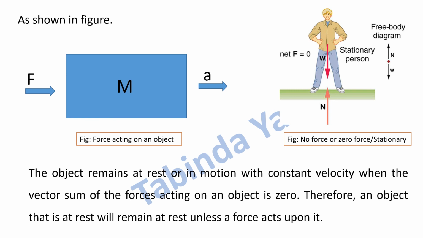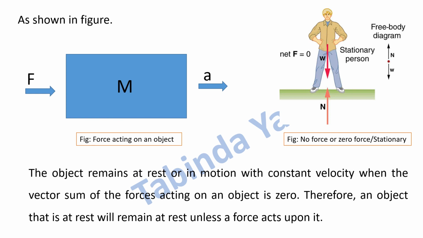A force is applied by the person in the downward direction, equal to the weight, W is equal to mg, while the person is in the stationary state. In the same way, the ground provides a normal force upward, opposite to the weight, which is downward. The weight force and the normal force of the ground cancel each other, which means the person will remain in the rest state.